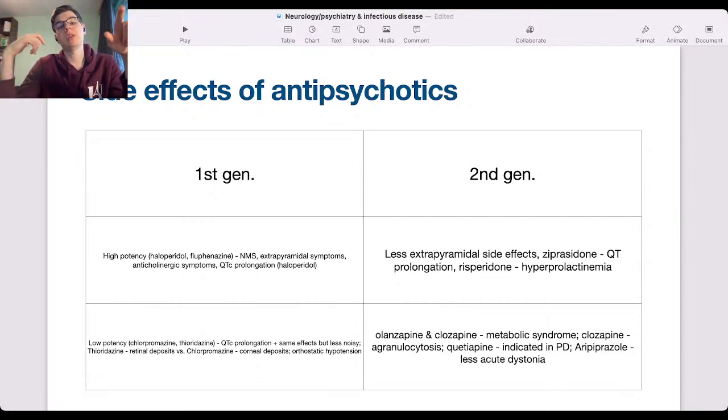Can you give me the 4 extrapyramidal symptoms that are caused by the first generation antipsychotics and the main 4 anticholinergic symptoms in the chat box?